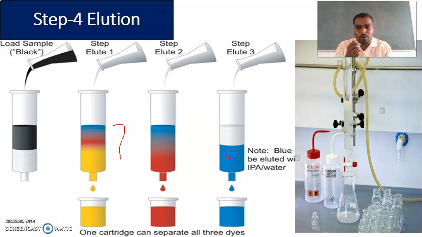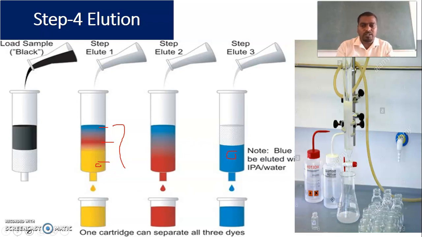In this chromatogram, the blue, red, and yellow analytes: the yellow is loosely held, so it is at the bottom of the column, and the blue is strongly absorbed, so it is at the top. So in elution, yellow comes first, then red, and then blue.